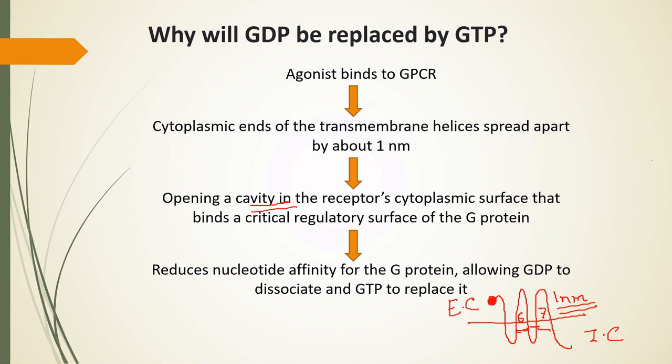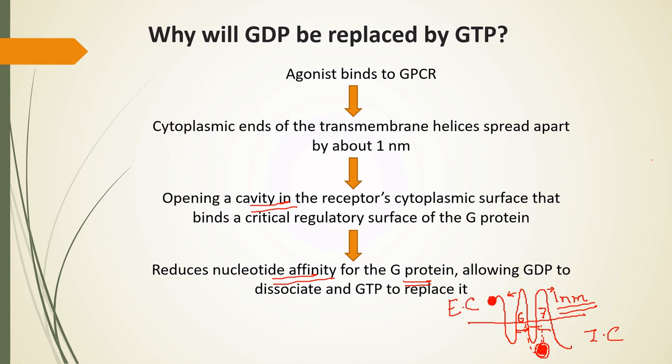Suppose this is moving 1 nanometer, this is also moving 1 nanometer. So now this cavity is going to increase. Suppose this is where the GDP was bound. So now the binding will be loose. Naturally, it reduces the nucleotide affinity for the G protein.